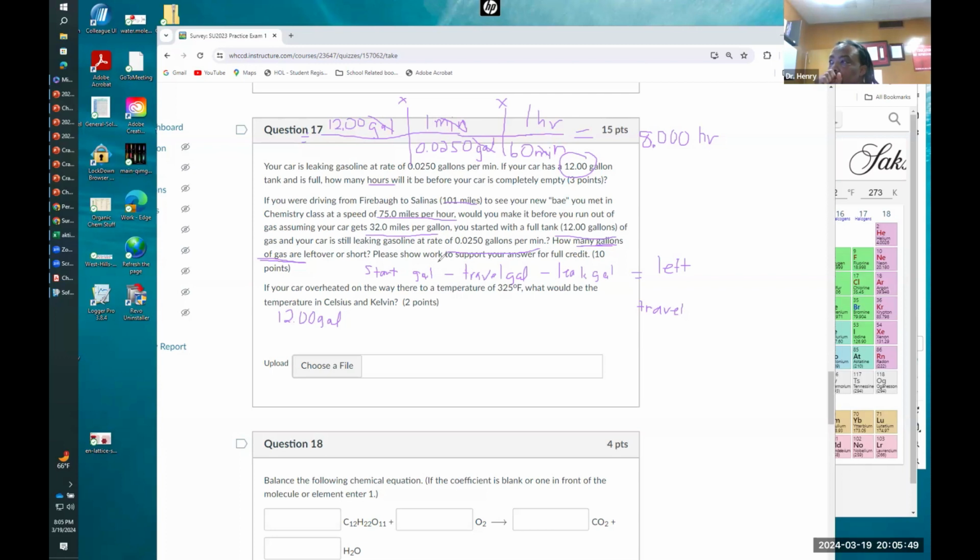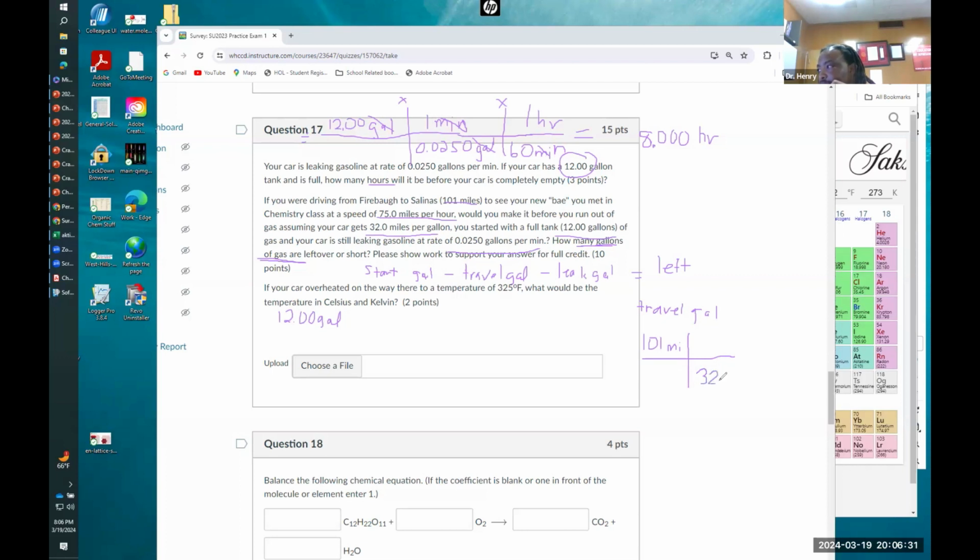Distance. I'm going to start off with my distance, 101 miles, over 32.0 miles, not minutes, it should be miles. My bad. And we're going to put 32 on the bottom.